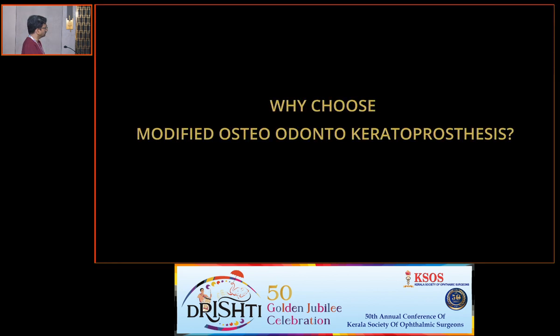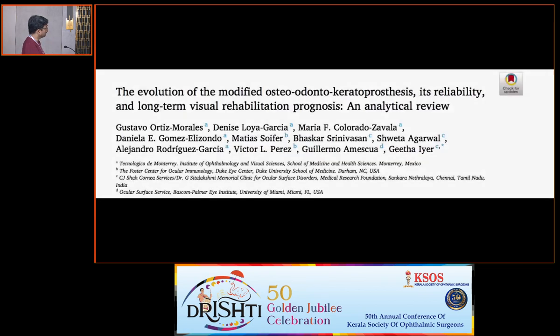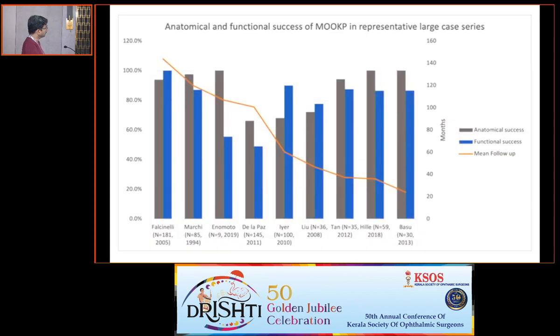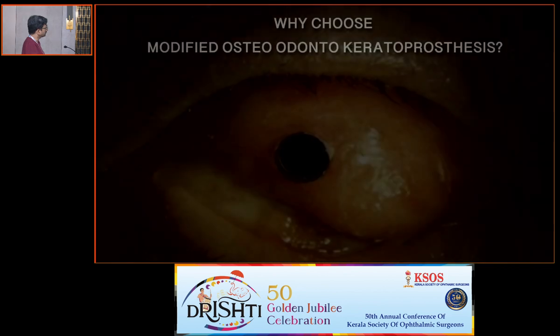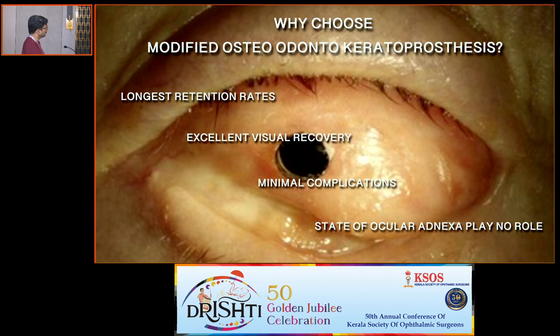Studies have shown that in eyes with extensive scarring and vascularization associated with severe dryness and keratinization of the ocular surface, MOOKP gives the best long-term retention rates along with excellent visual recovery. MOOKP is also known to have minimal complications of all keratoprostheses available today.